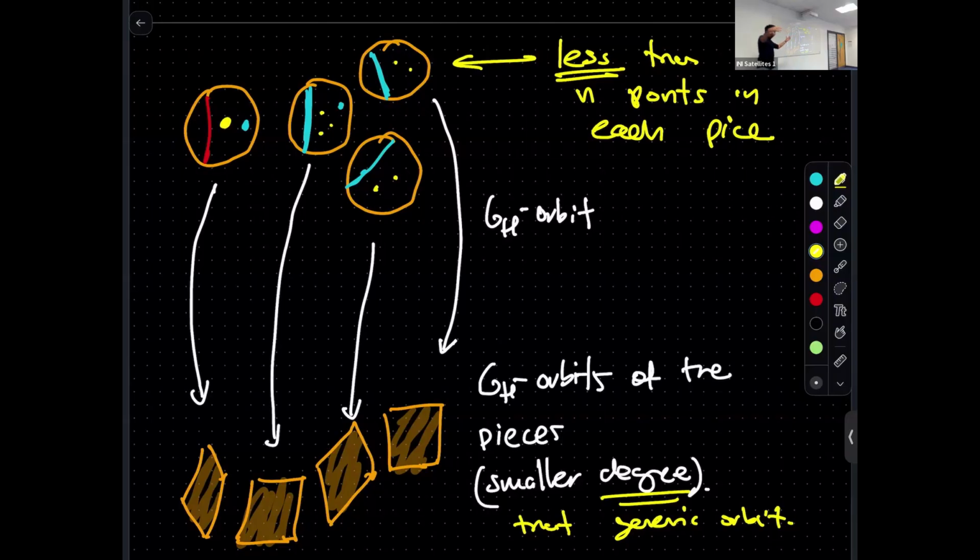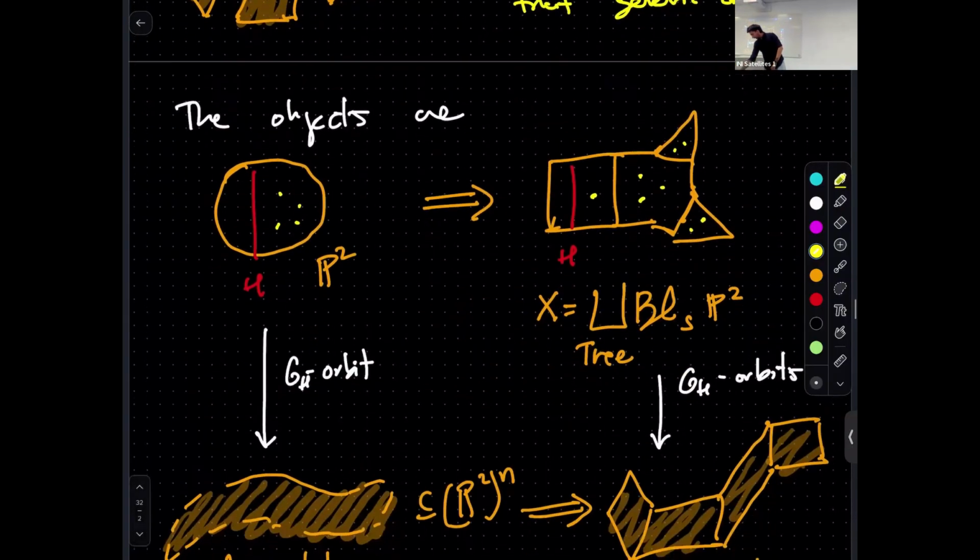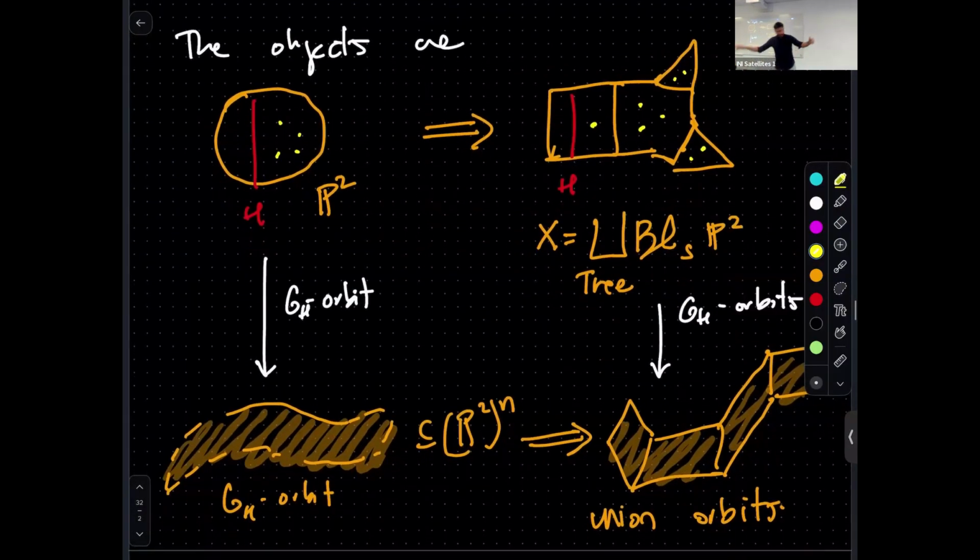So what is happening at the end, this is the picture that I wanted to communicate: in the Fulton-MacPherson perspective, you have points in P2, and you will not let the points collide, but you will allow the P2 to break into pieces.